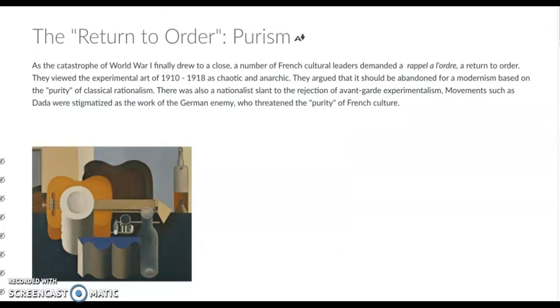Purism wanted to take the messiness of cubism and clean it up, tidy it up, but most of all, make it rational, make it make sense, and also give it a quality of the pure forms that had always been part of high art. So there is an idea in Western culture that goes back to Plato of formal purity. Plato had the idea that there are ideal forms behind the veil of appearances.